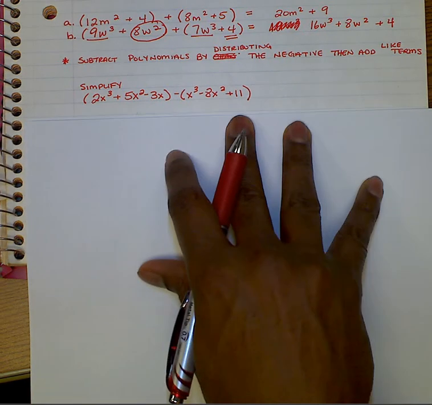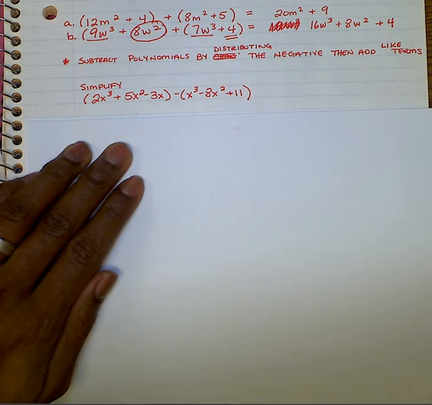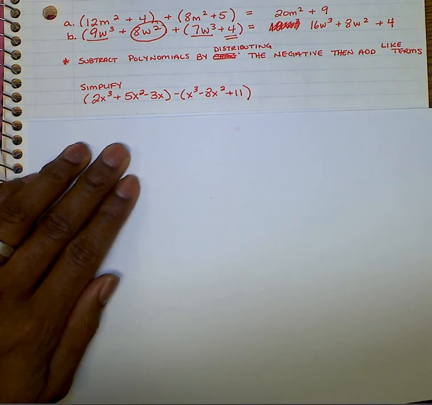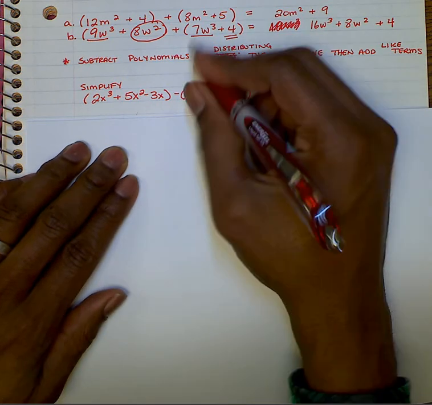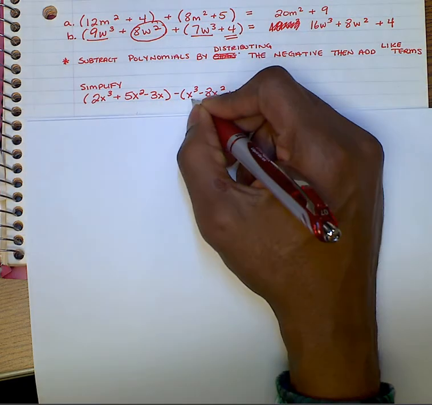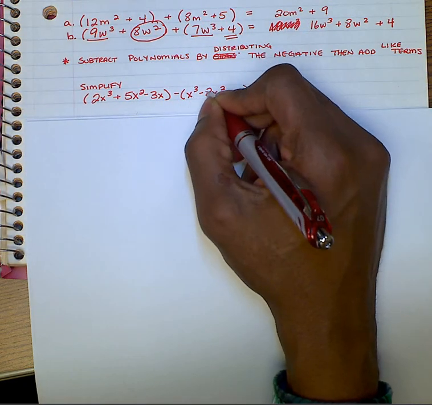So here we go. We have 2x cubed plus 5x squared minus 3x minus x cubed minus 8x squared plus 11. Okay. Now the thing that gets overlooked so much here is people will tend to make this first term negative and then do nothing to the rest of the terms.